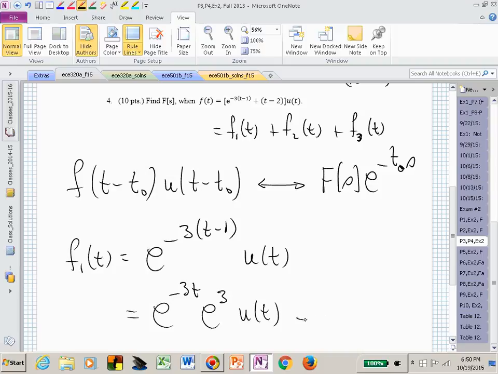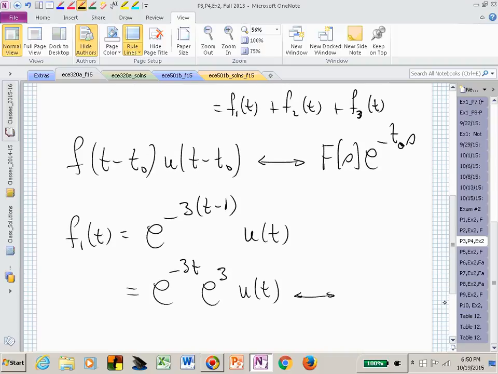So when I transform this part of that whole f of t, if I didn't have this there, what would it be? It would be that, wouldn't it?